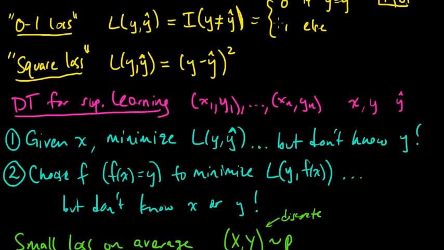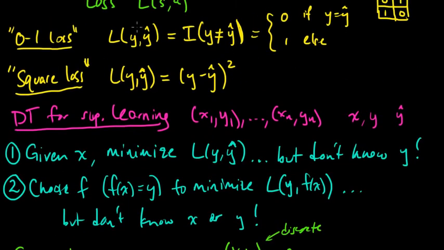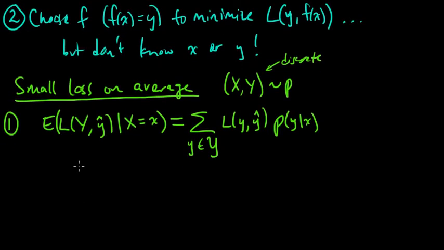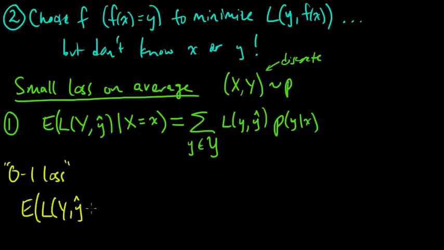We defined the 0-1 loss before. That was this thing. It's 0 if we're right and 1 if we're wrong. And let's look at what happens here if we plug in the 0-1 loss. In this case where we know x, what x we're going to be asked, we've got this thing, X equals x.